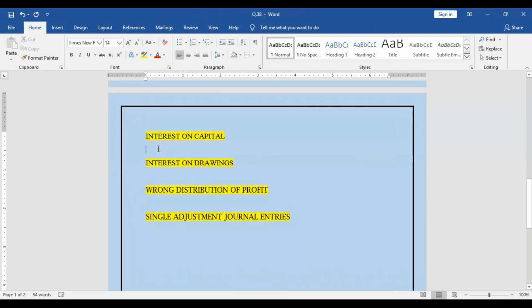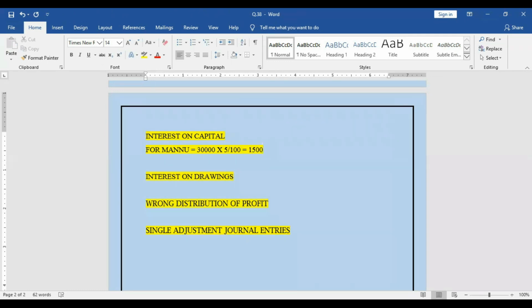So for Manu, 30,000 into 5%, and for Srishti, 10,000 into 5%.